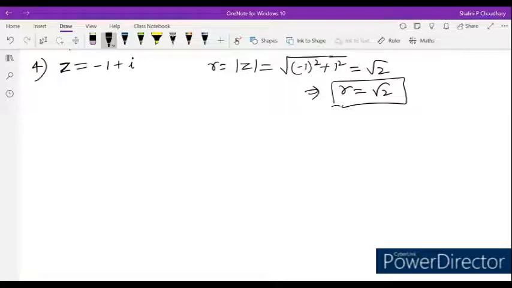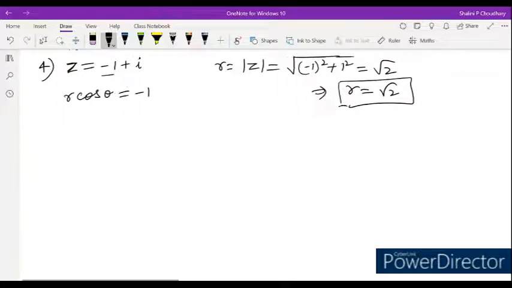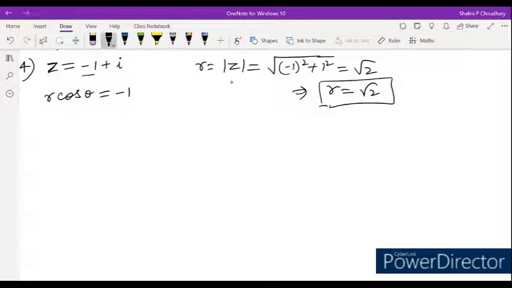Okay, now here we have to write z in terms of r cos theta and r sin theta. So -1 is the value of x, so r cos theta is equal to -1, okay, and r sin theta will be equal to 1.